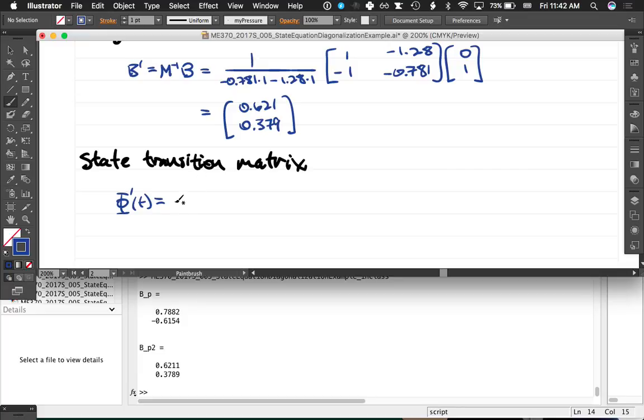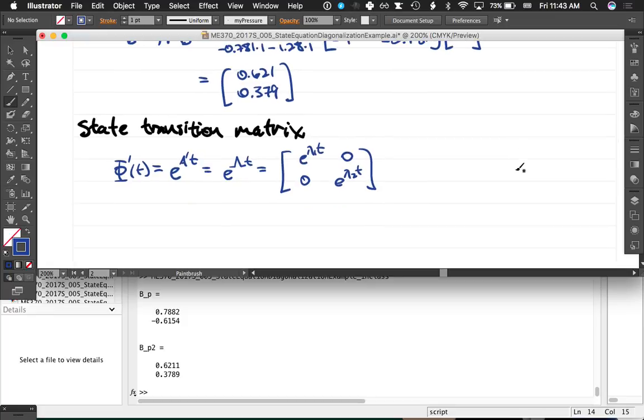It's always defined as the matrix exponential of A prime t, which in this case is e to the lambda t, which is easy to compute for diagonal matrices. So it's just the scalar exponential of each lambda. So e to the lambda 1 t, 0, 0, e to the lambda 2 t. Okay? So that was easy.